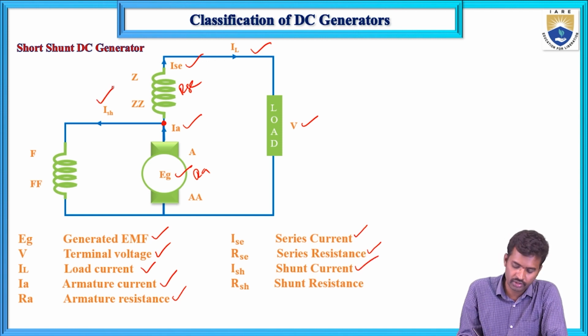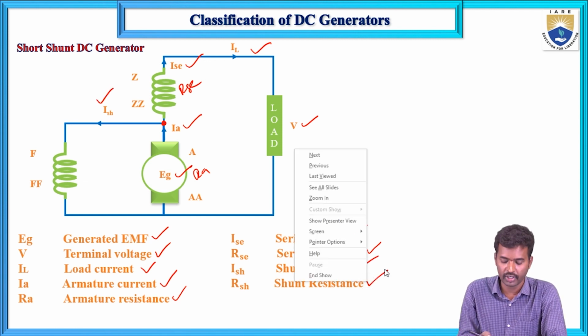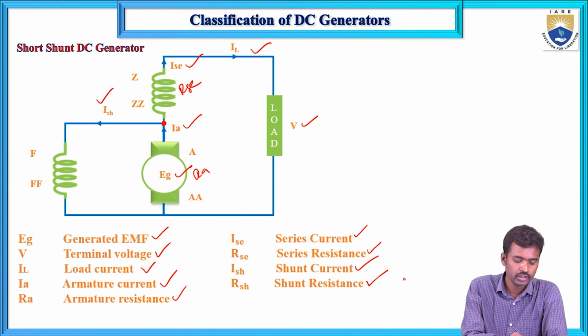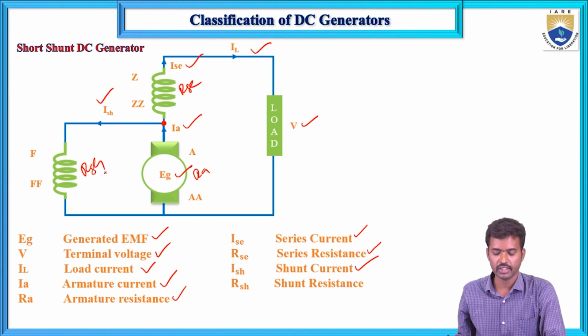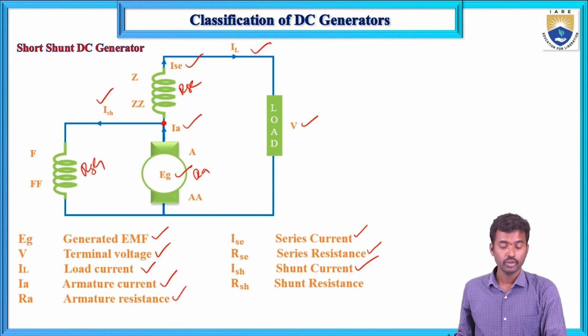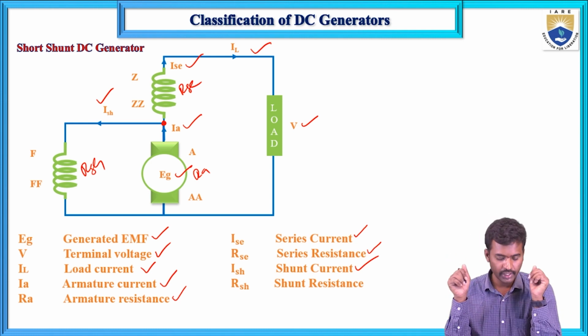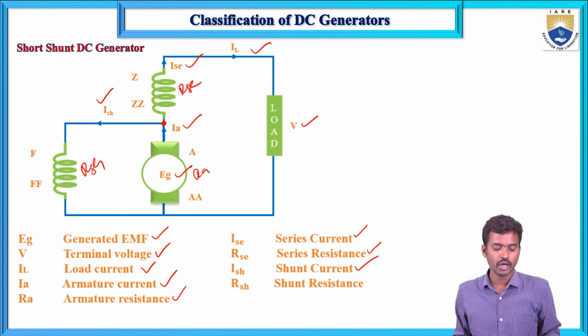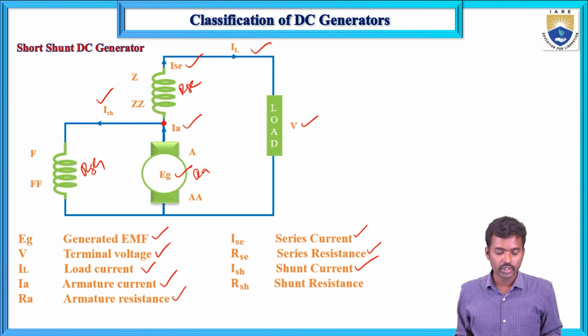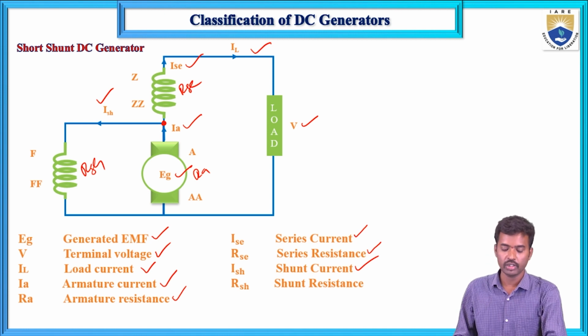ISH is the shunt field current and RSH is the shunt resistance. There are two field windings and one armature winding: one field winding is connected in series with the armature and the other in parallel with the armature winding. Now, what are the related formulas? Here we need the IA and ISH formulas and the induced EMF formulas.